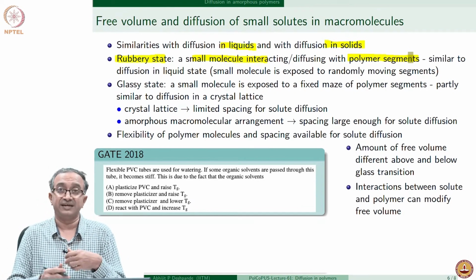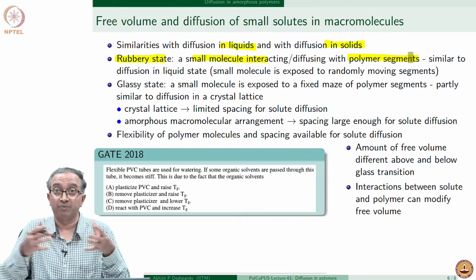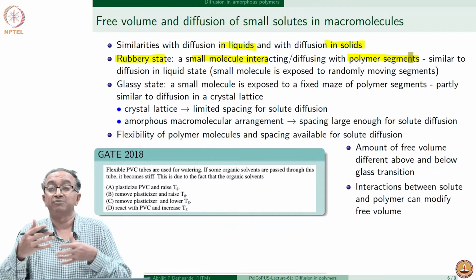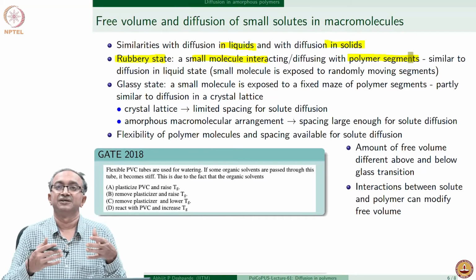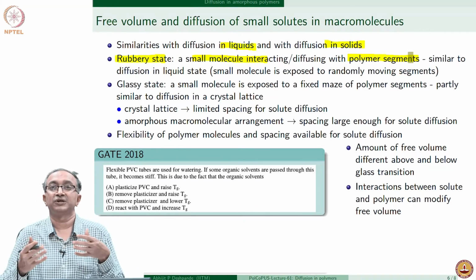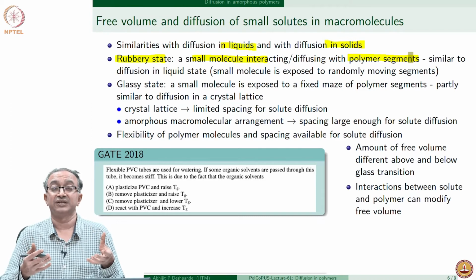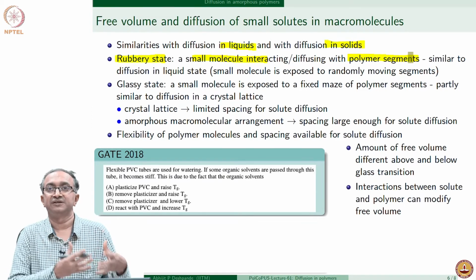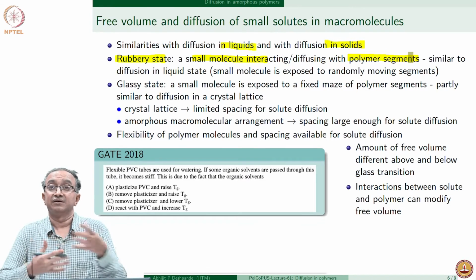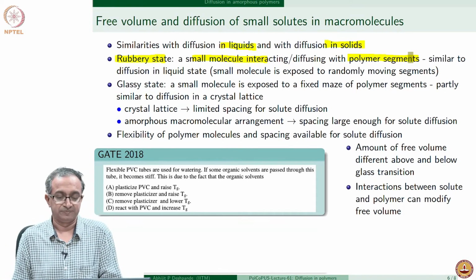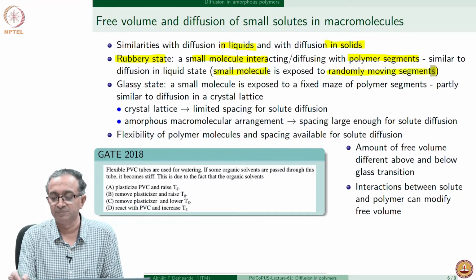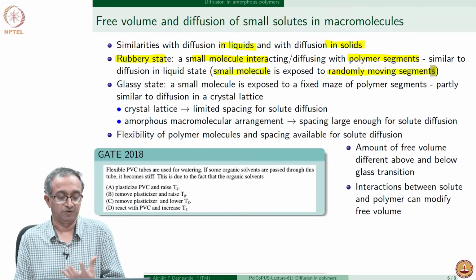Similarly, let us say if we have a styrene monomer in polystyrene, then styrene is moving around in polystyrene, but polystyrene is in a rubbery state. So, the conformations of macromolecule polystyrene are continuously changing, and so this dynamic interaction between the diffusing molecule and the background molecule can happen. Therefore, the small molecule is exposed to randomly moving segments of the macromolecule.